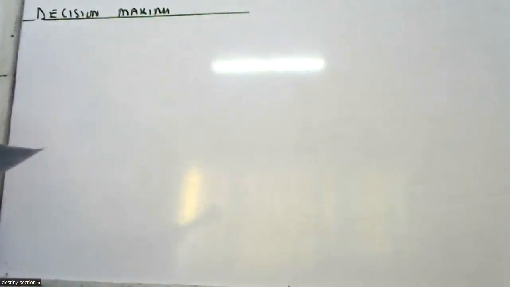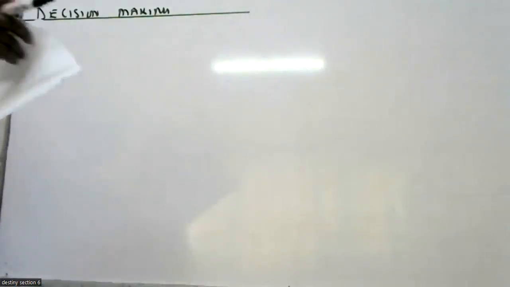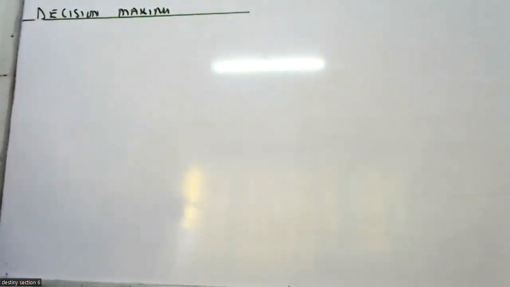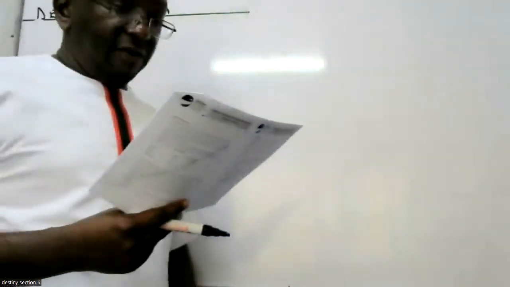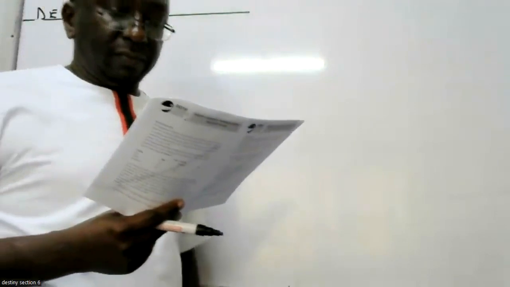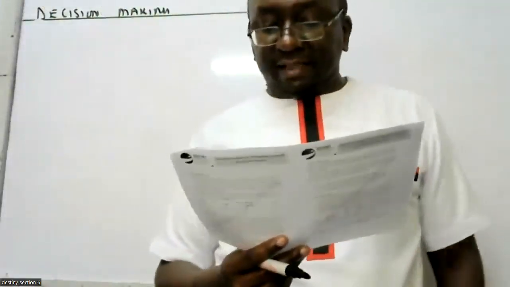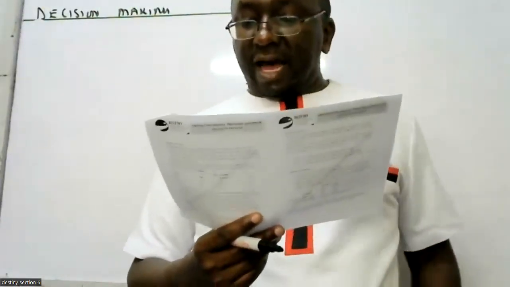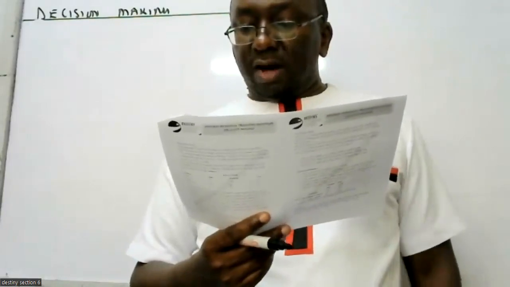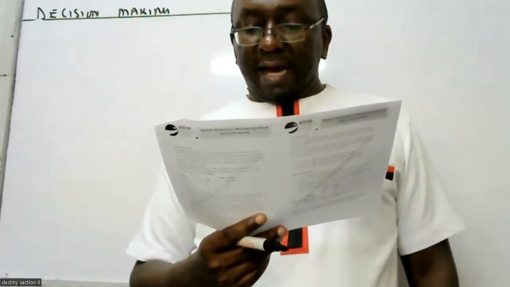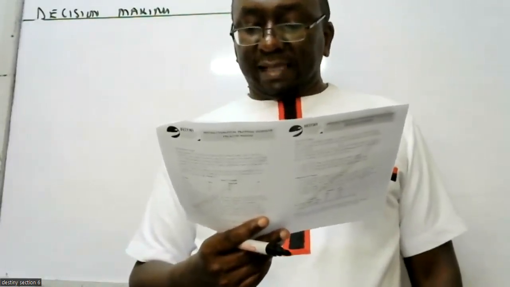So before we look at the steps that are followed in decision making, I would like us to turn our attention to question number 1 of the handout, which is on page number 4. In this question, we are told that an investor has a choice of investing in either one of two shares, equity 1 or equity 2. The returns from both equities are uncertain.